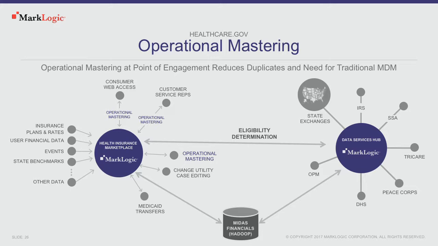And CMS needs a way to relate all of that, tie it all together, and support things like monitoring for double dipping, doing analytics on how many people are signing up without double counting people, and to just generally understand the marketplace consumer. So in order to do that, they perform operational mastering.